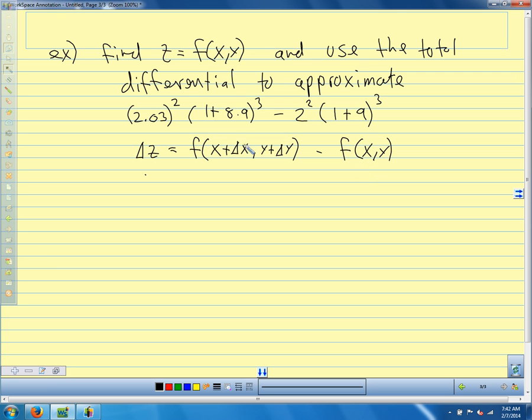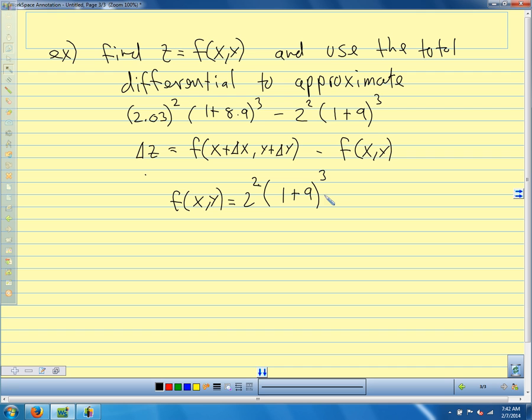So we're going to compare the forms of these two things. So here we have minus this quantity. I'm going to say this is my quantity f of x y: 2 squared times 1 plus 9 cubed.